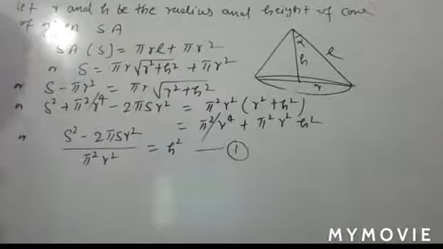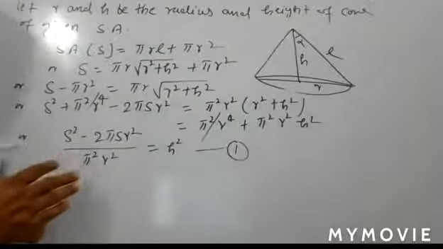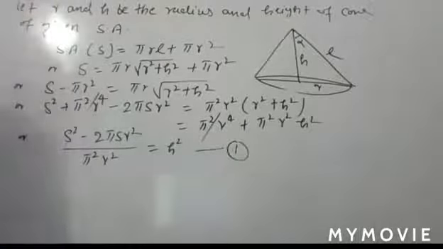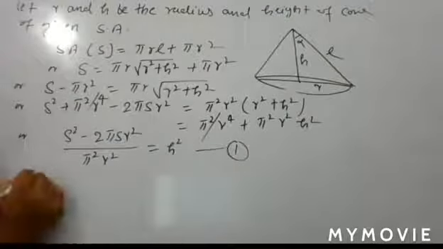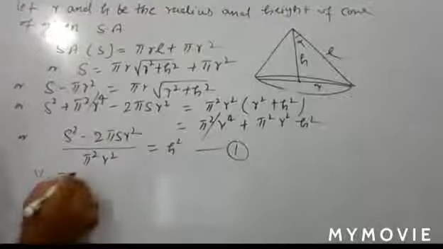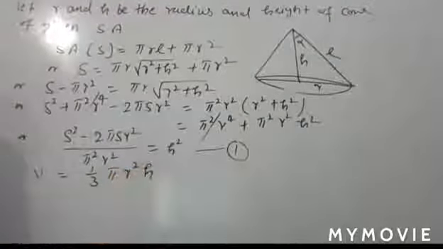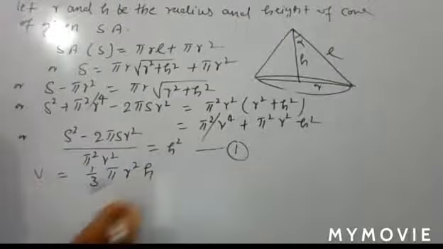I think up to this step you have no problem. Okay, beta. Now you find the value of volume. The volume of cone V is equal to 1 upon 3 pi R square H, and here you are getting the value of H square.